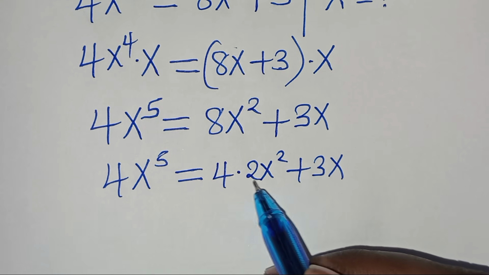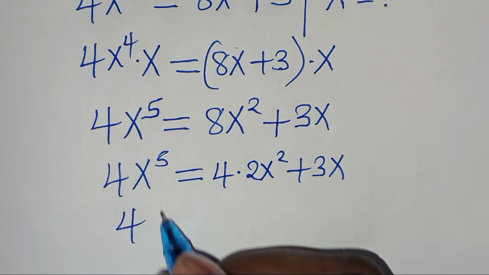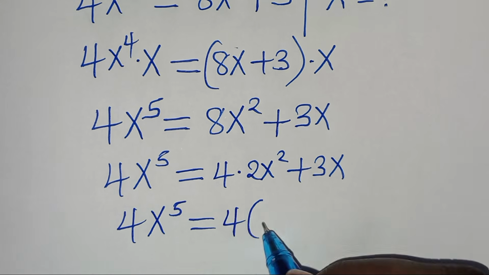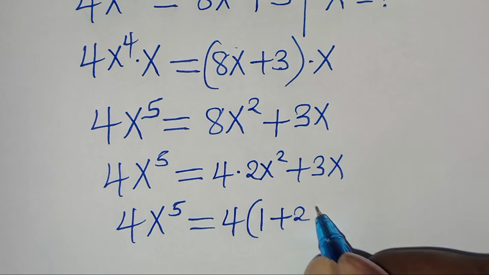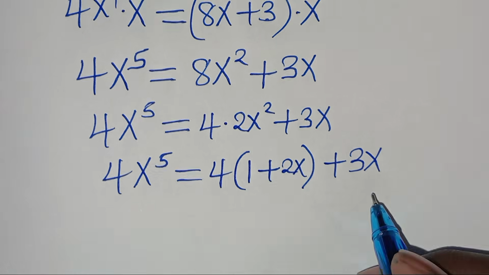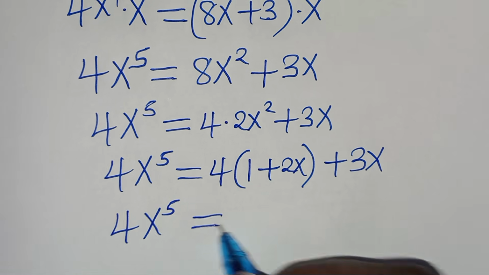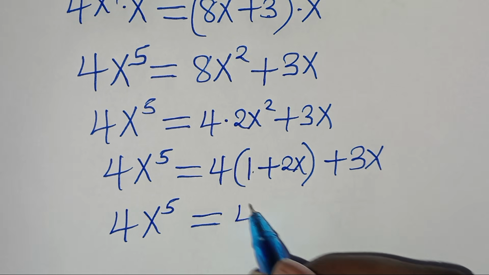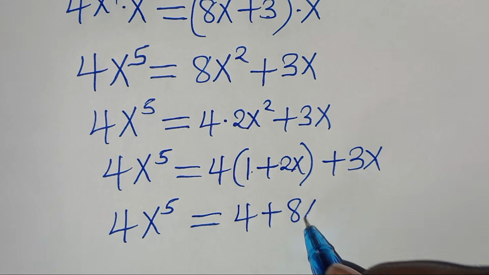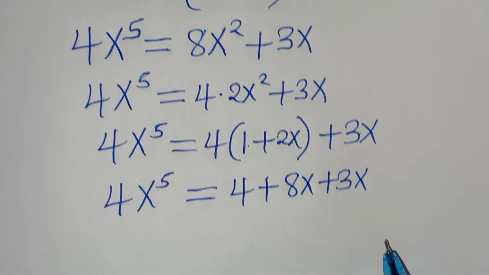We have that 2x to the power of 2 is the same thing as 1 plus 2x. So this is 4x to the power of 5. This is equal to 4 multiplied by 1 plus 2x, close the parentheses, then plus 3x. We have that 4x to the power of 5 is equal to 4 times 1, this is 4, plus 4 times 2x, this is 8x, then plus 3x.